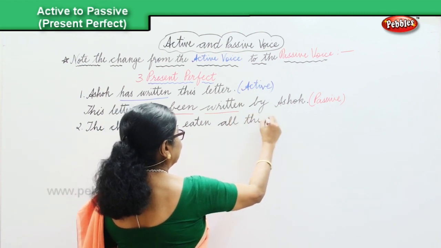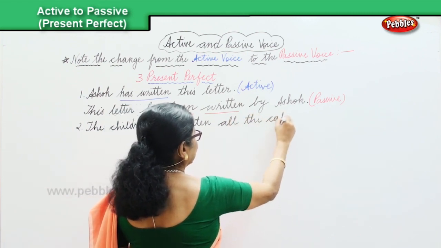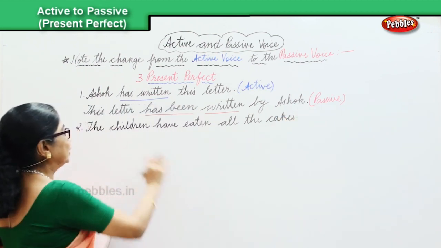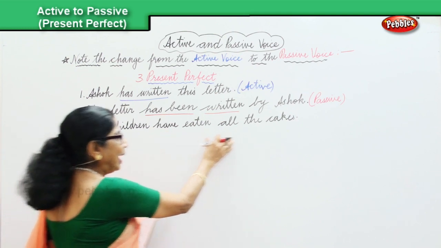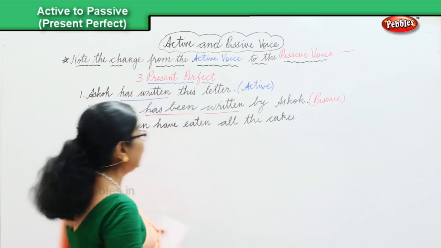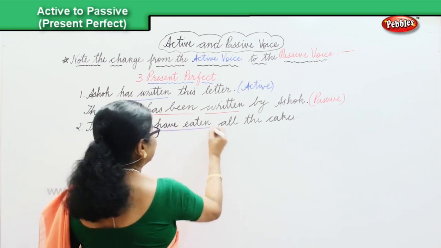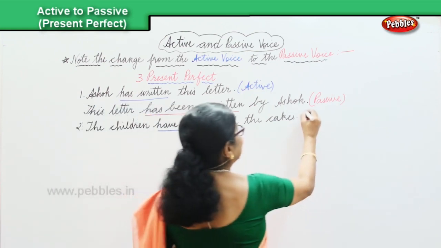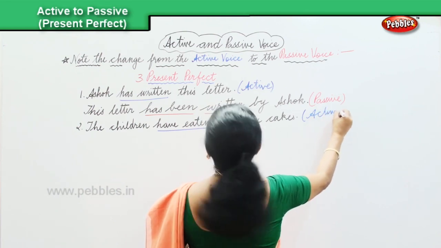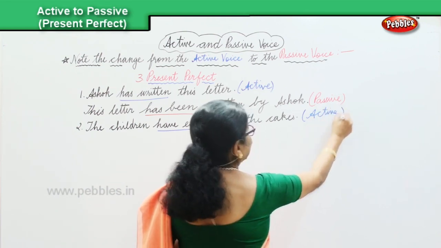That is the present perfect. What have they done? They have eaten all the cakes. Okay? They have eaten all the cakes, and that's the active in the present perfect tense.